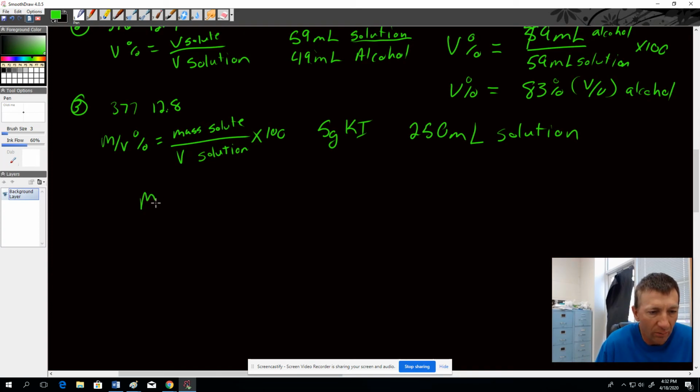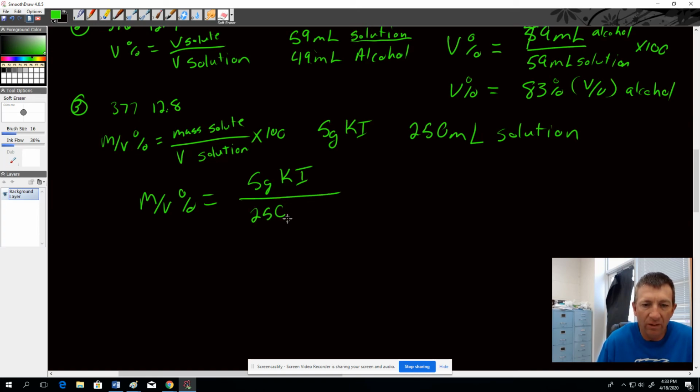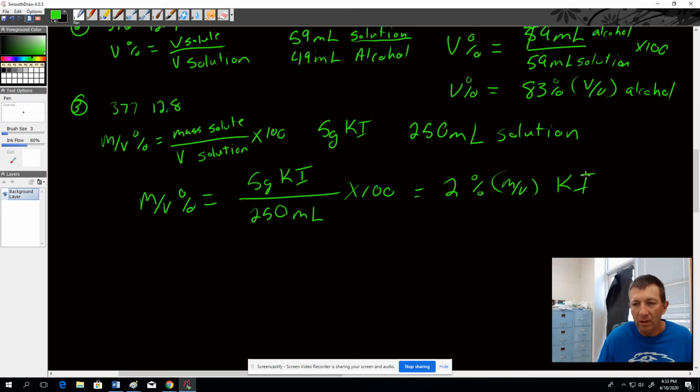Mass by volume percent equals 5 grams of potassium iodide in a total solution of 250 milliliters, times 100 to give us our percent. So 5 divided by 250 equals a 2% solution mass by volume of potassium iodide.